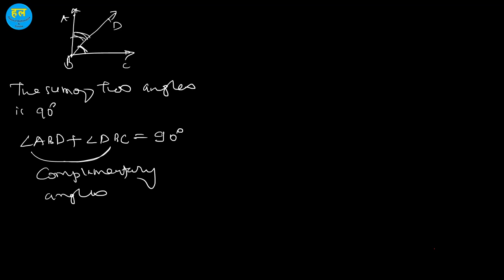Similarly, let us assume this is the vertex, these are two rays, and these are two angles. Again name them: this is B, this is A, C, and D. These are any points on the ray.